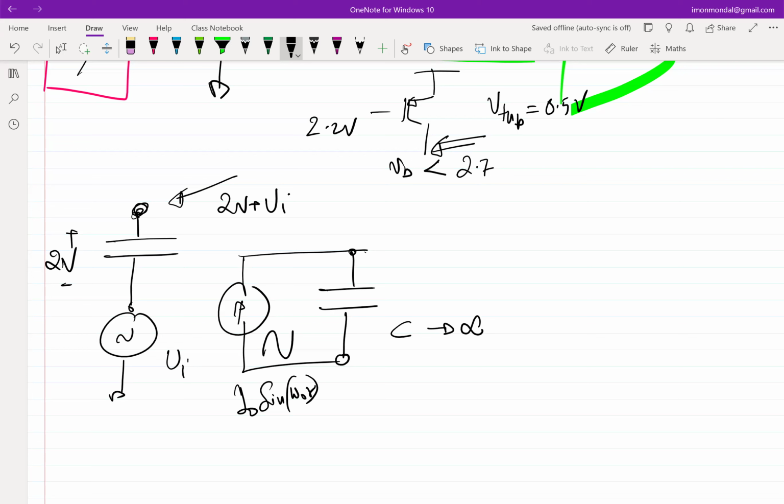It's zero, right? 1 by j omega C is the Z of the capacitor. So if C tends to infinity, then the voltage across the capacitor doesn't change. Incrementally, the voltage is zero, which means it seems like an infinite capacitor can behave like a battery.